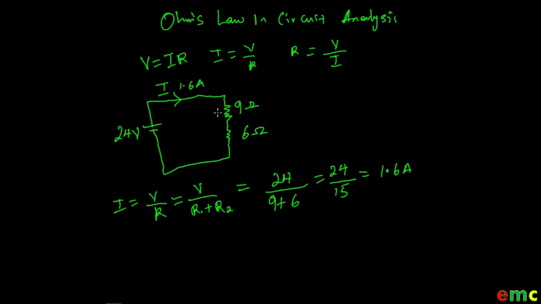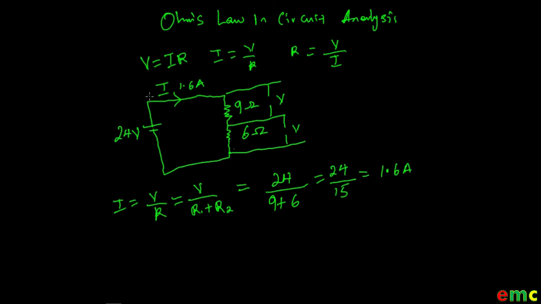To find the amount of voltage dropped across each resistor, what you do is you just multiply the current, since the same current is flowing in the circuit, because in a series circuit there is only one path for current flow.